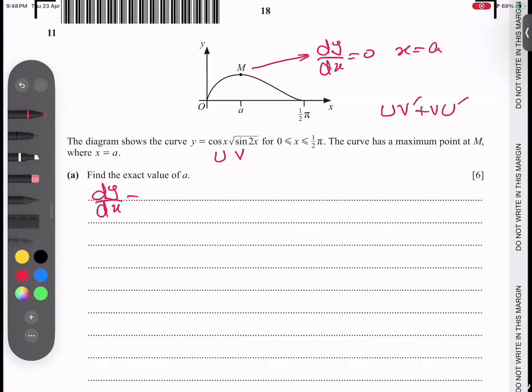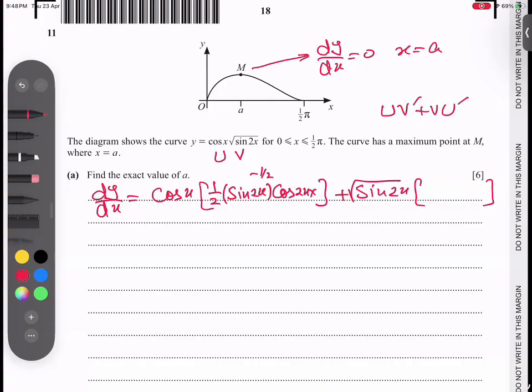Dash means differentiation. So cos x copy, and what about this one? And plus then sine root double x into this one. So what about this derivative? So half goes down and the power of sine double x becomes negative half into the derivative of the base, which is naturally cos double x into 2. 2 comes from the derivative of the angle.